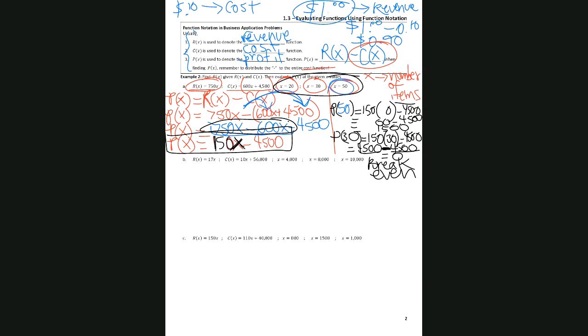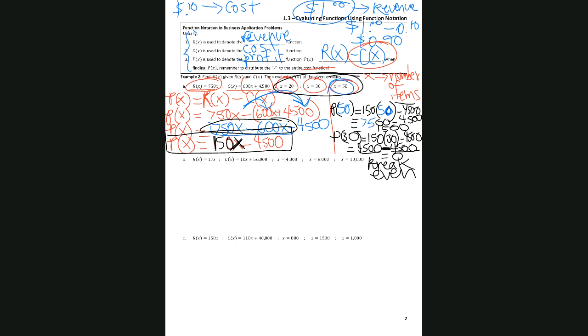And so 150 times 50, it's going to be 7,500.